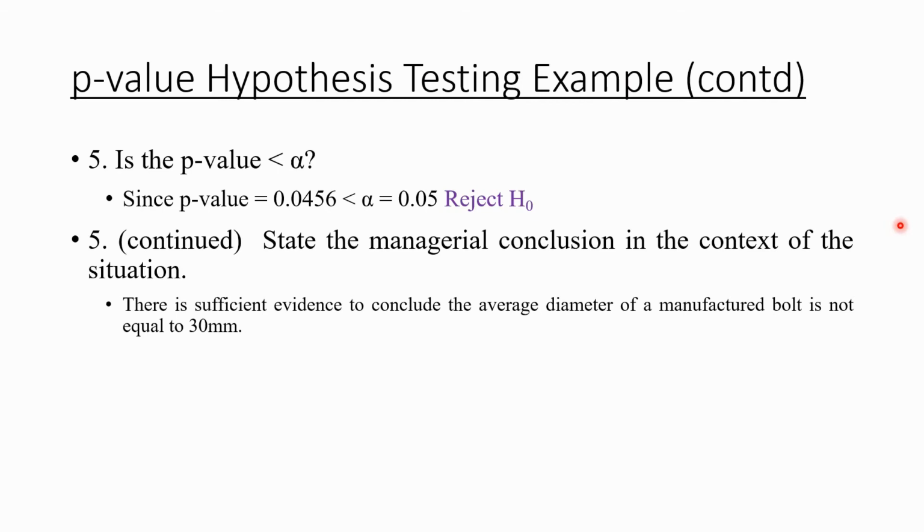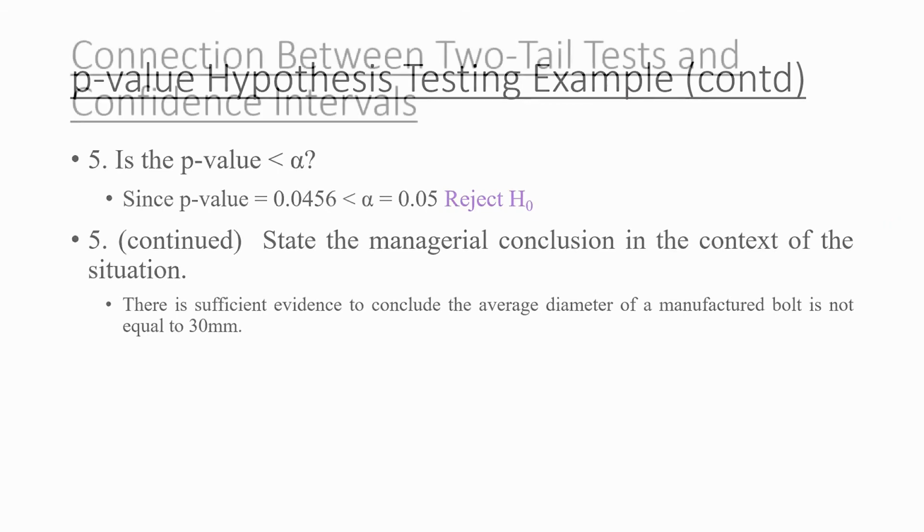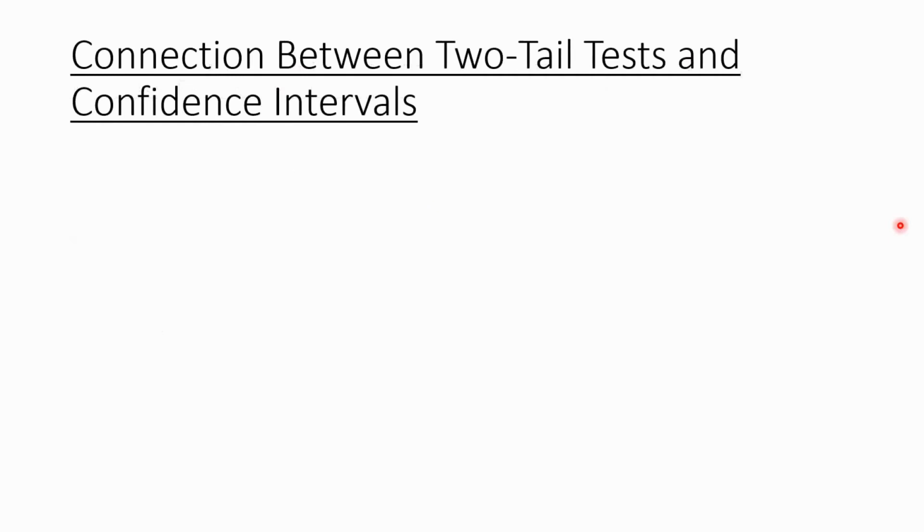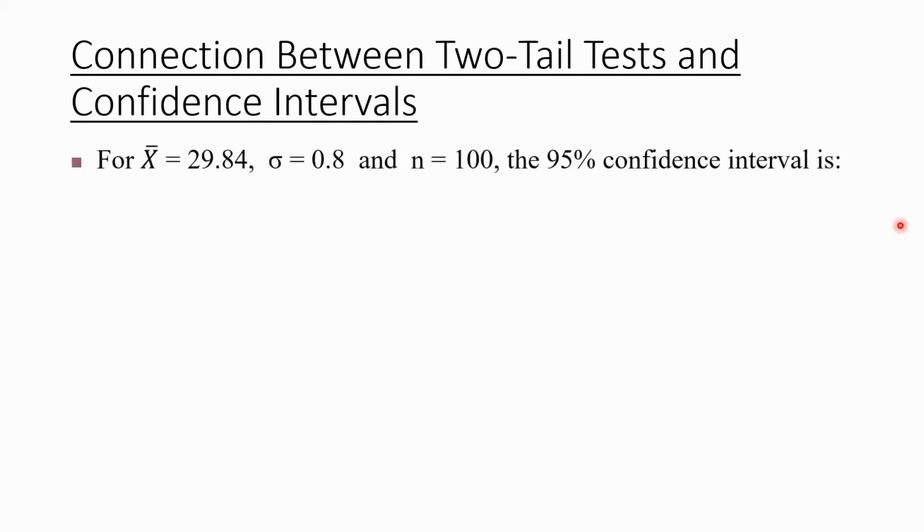We talked about confidence intervals in our previous chapter, chapter 8. I will have a link in this particular video above. So for your sample statistic mean of 29.84 and your population standard deviation 0.8, sample size of 100, the 95% confidence interval, you write it down as your sample statistic plus or minus your critical value, in this case 1.96, times 0.8 divided by root of sample size.